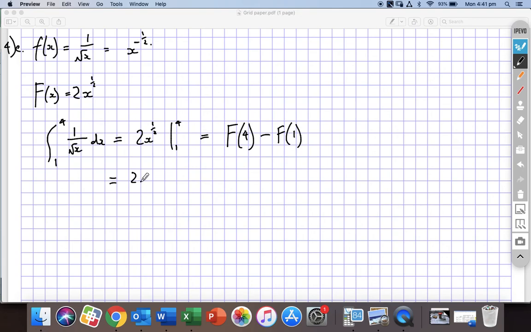We've got 2 times square root 4, that's antiderivative where x is 4, minus, now our x is going to be 1, 2 times square root 1, and that's just 1. So square root 4 is 2, times 2, so you've got 4 minus 1 times 2, sorry, that should be a 2, because we've got 2 times 1 is 2, and that equals 2, and we're done, all right?